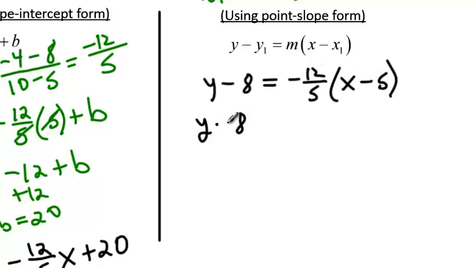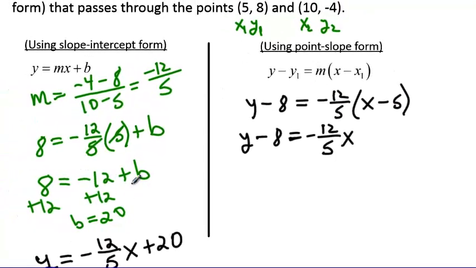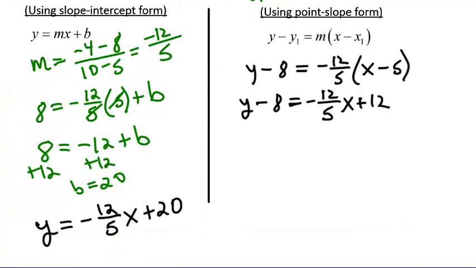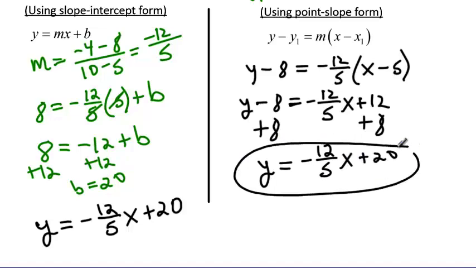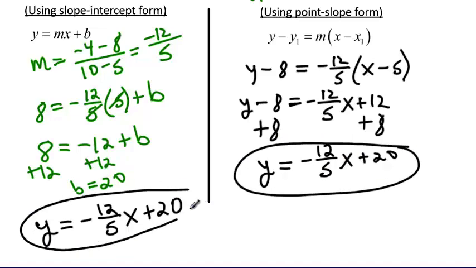So y minus 8 equals, and here you can see that I have -12/5 times x gives me -12/5 x, and then -12/5 times -5 is similar to what I had over here. That's just going to give me plus 12, and then I just have to add 8 to both sides, and I get y equals -12/5 x plus 20, which matches this one over here on the left. So you get the same thing either way.